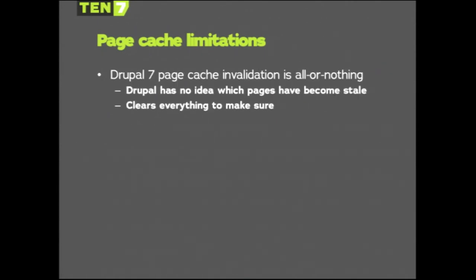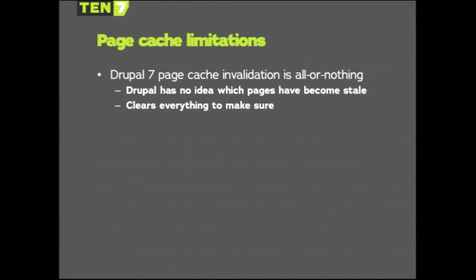In addition, the Drupal 7 page cache is all or nothing. When Drupal tries to decide whether or not it can remove pages from the cache because those pages may have been updated, it has no idea which individual pages in the cache have become stale. It has to clear everything to make sure. And this makes a little bit of sense if you know a little about how Drupal composes a site with nodes.